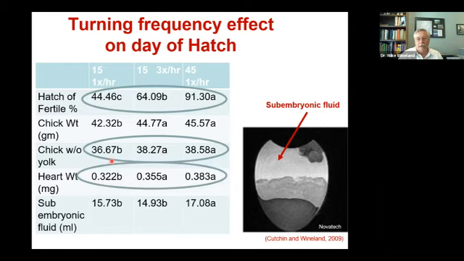Also notice that the size of the heart in those turned only 15 degrees one time per hour was smaller compared to turning 45 degrees. The 15 3 times per hour was intermediate between, but it wasn't really different from the 45. And then subembryonic fluid, as we've already talked about.